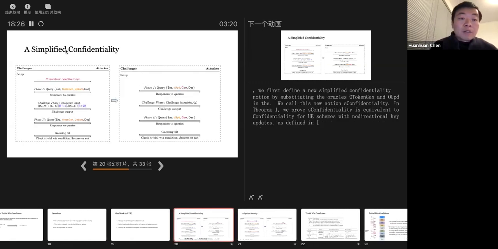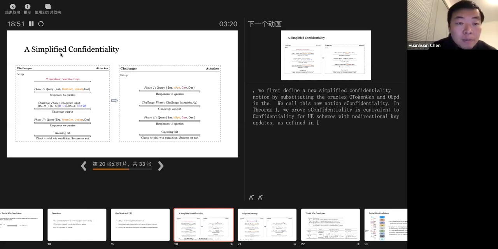First, we give a simplified confidentiality notion. In the following work, because all ciphertext-dependent UE can achieve no directional key update, we just focus on no directional key updates. And I think many of the results benefit from this setting.